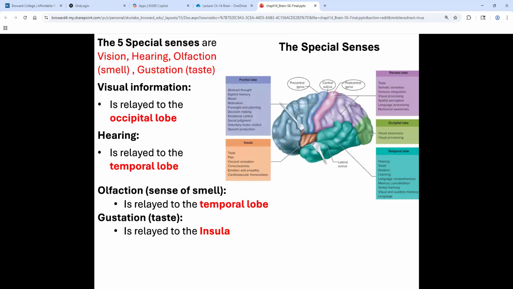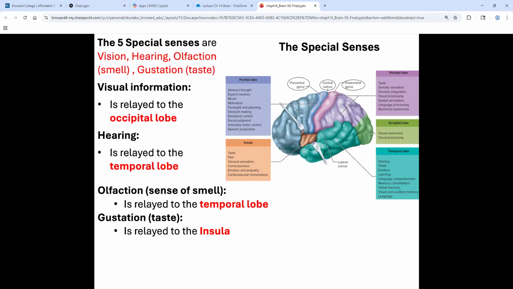What are the special senses we have? 5 senses we have. Tell me, yeah, vision, hearing, then what? Taste, yeah, 3. Smell, 4.